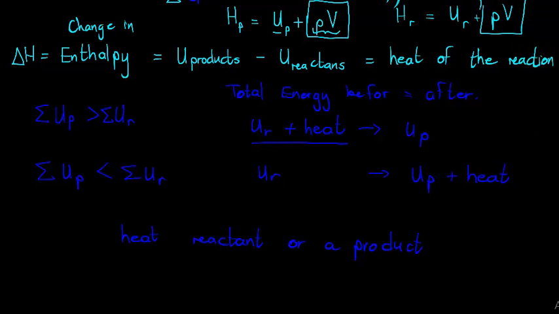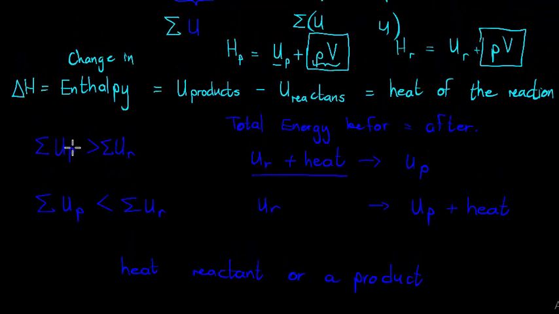If the internal energies of my products are greater than the internal energies of my reactants, notice then the difference, the enthalpy of this reaction will be positive. It will be greater than 0.